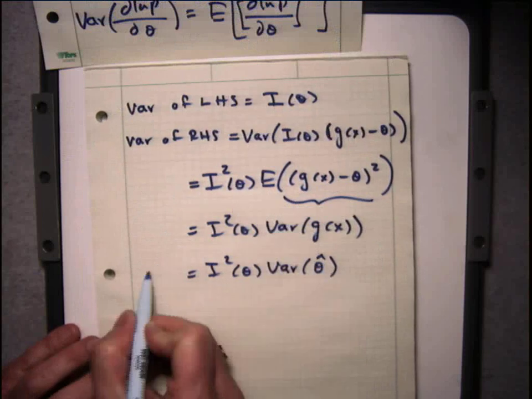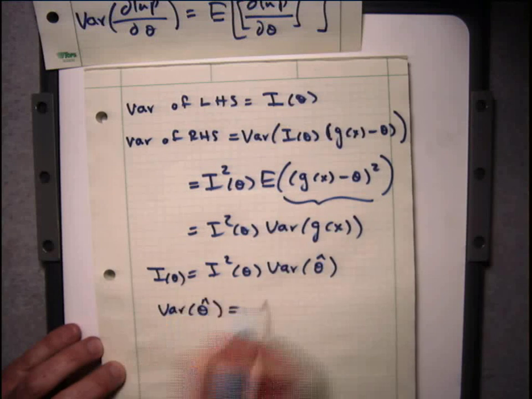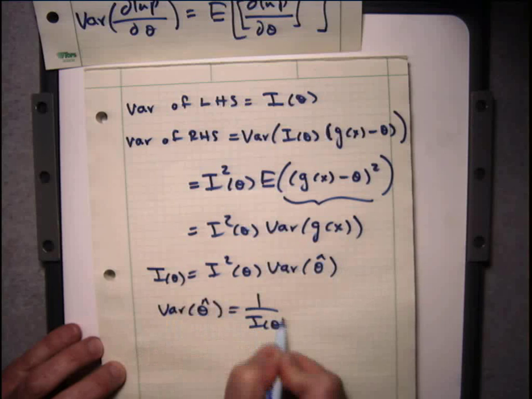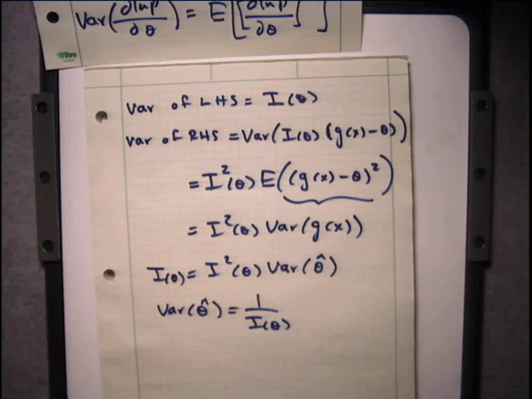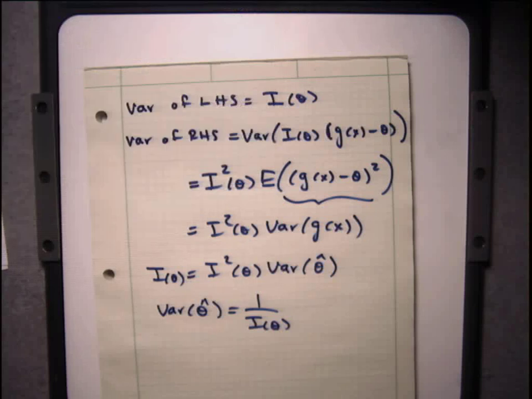So they have to be equal. So variance of theta hat is 1 over I of theta. Okay? So we proved what we set out to show. Okay, so you get an unbiased, minimum variance unbiased estimate.